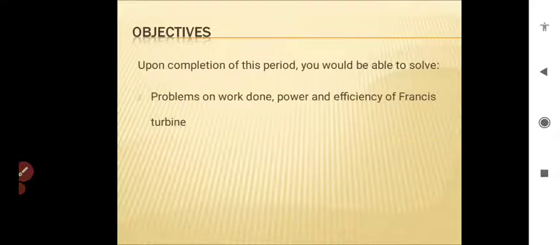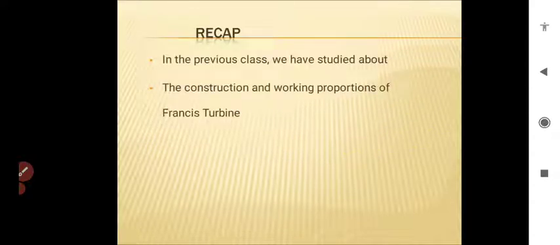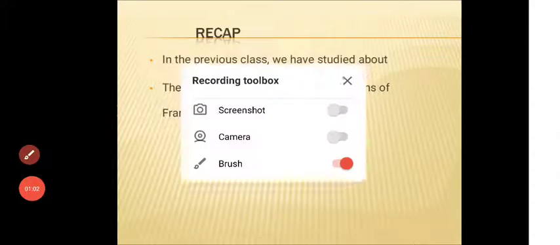On completion of this period, you will be able to solve some problems on work done, power and efficiency of Francis turbine, and some problems on working properties. In the previous class we studied the construction and working properties of Francis turbine.